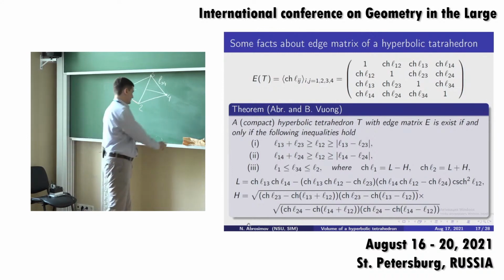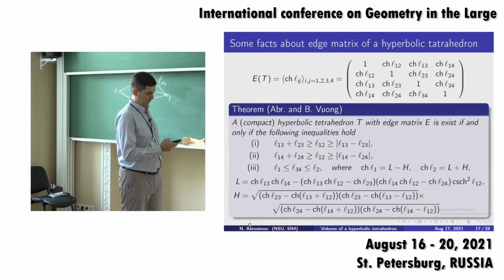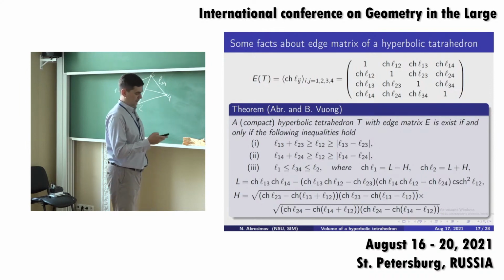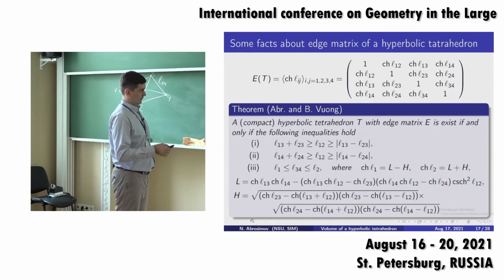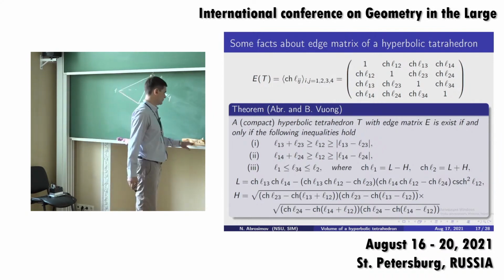And we can compute these minimal and maximal distances. We call them L1 and L2. And we get this existence theorem, existence criterion in terms of edge lengths.